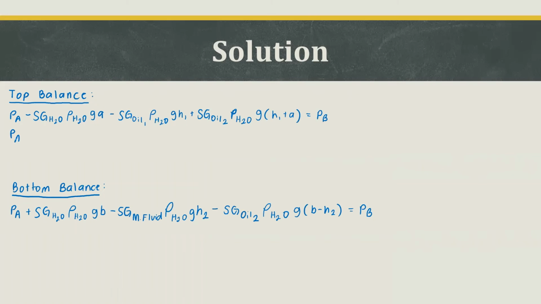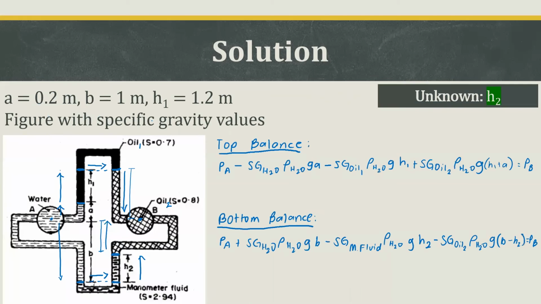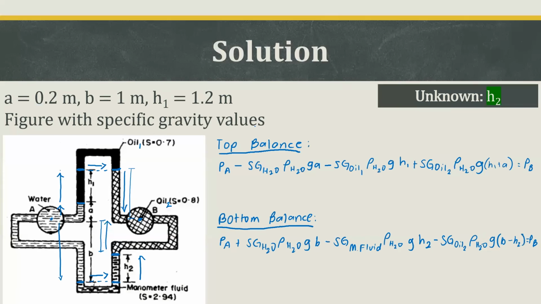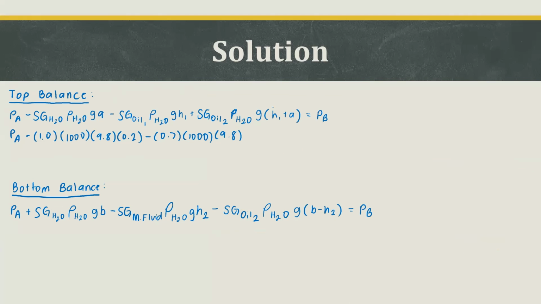So P sub A minus 1.0 specific gravity of water, then density is 1000, gravity is 9.8, then A is equal to 0.2 meters. Then minus specific gravity of oil 1, that's 0.7, then 1000 again, then 9.8, then the height H1, which is 1.2 meters.